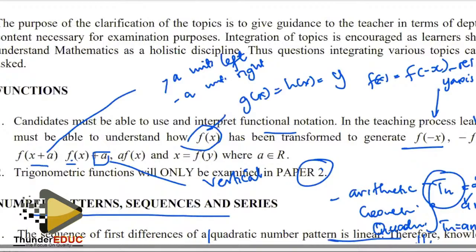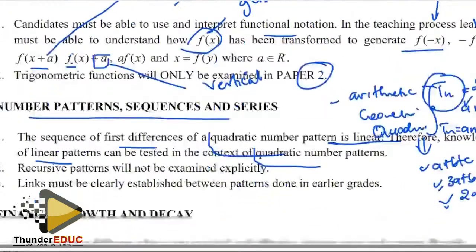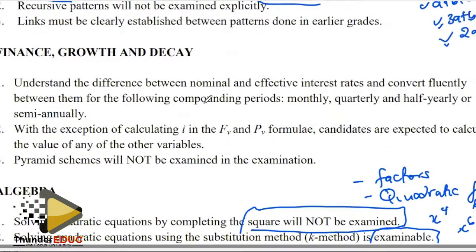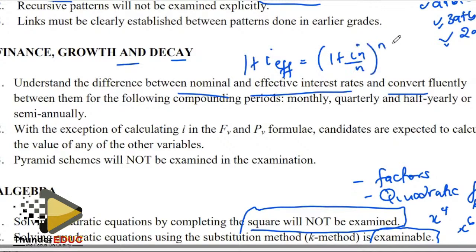Then from there, we can look at the finance questions, okay? So under finance, growth and decay, they're telling us we need to understand the difference between the nominal and the effective interest rates and how to convert nicely, because this formula is usually not on the formula page. 1 plus i nominal over n to the exponent of n. Some people would use m.